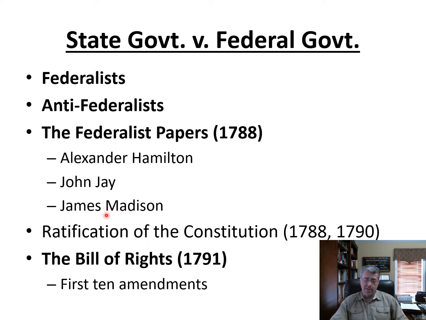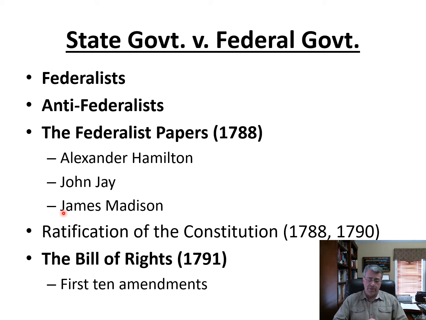Particularly James Madison is going to be compelling in his argument in support of the Constitution. So these essays will be circulated and distributed to the state governments as well. Again, arguing the benefits of a strong federal government.